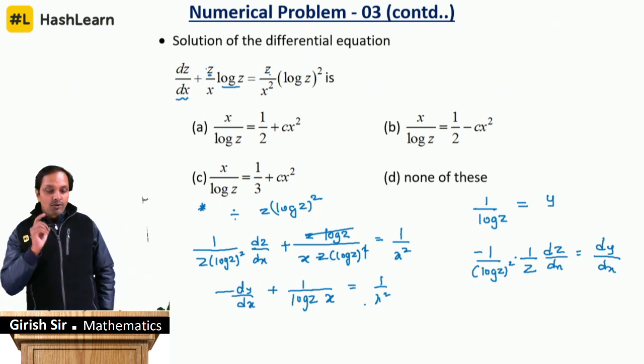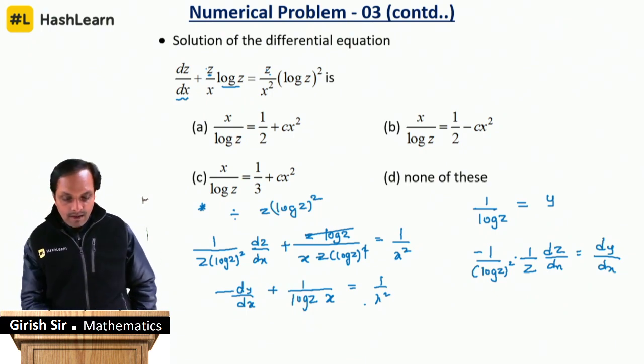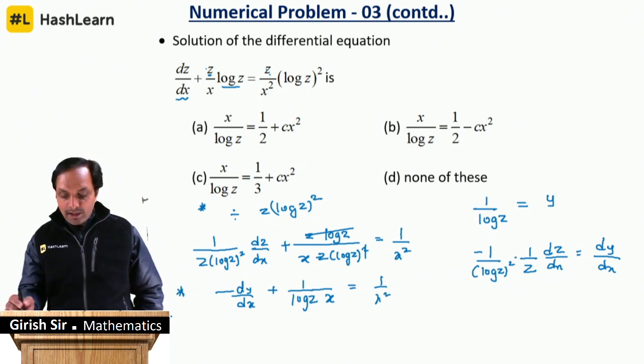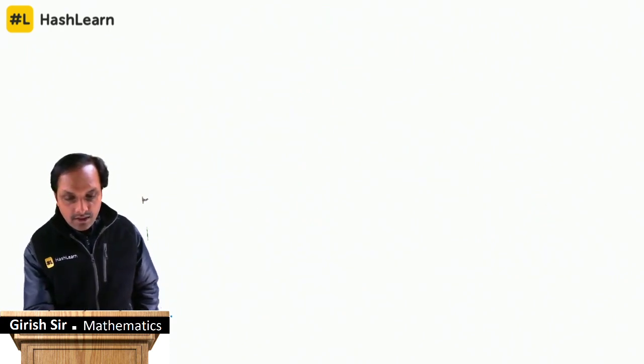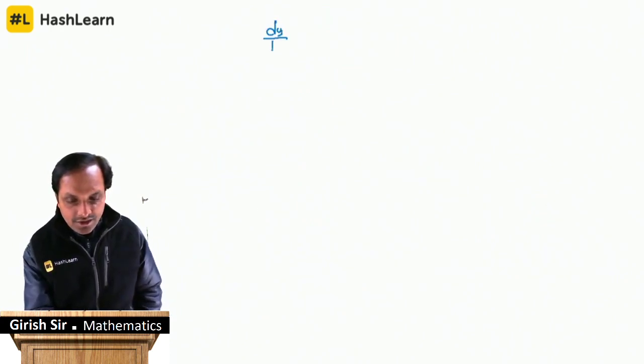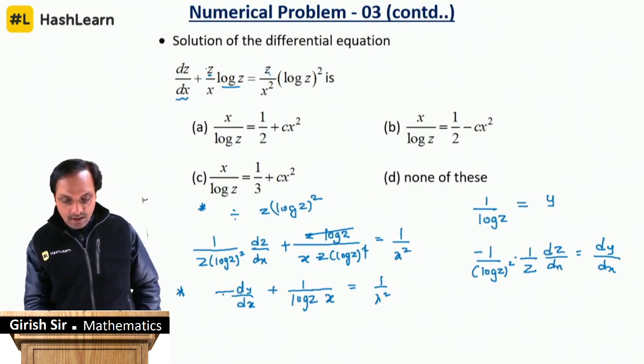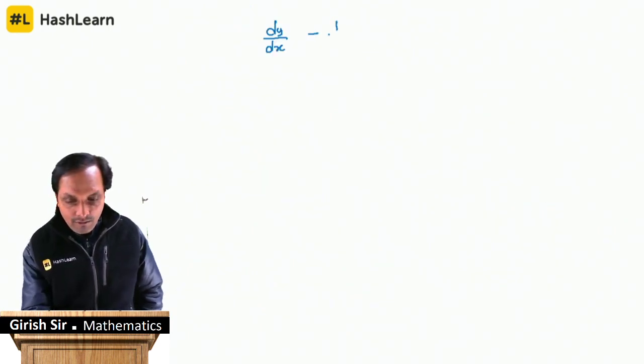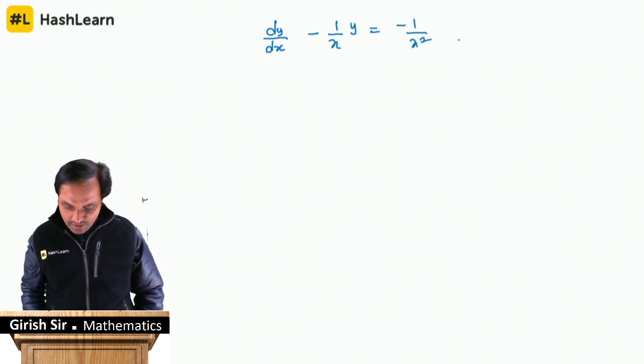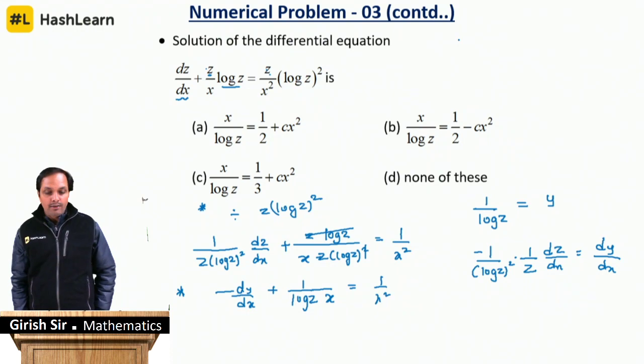Okay, so this is the most important part of the problem. Once we arrive at this, you multiply throughout by negative sign, so the problem will become dy by dx minus, you are multiplying throughout by minus sign, this became minus 1 by log z, whose value is y, this became 1 by x into y is equal to minus 1 by x square, because you are multiplying throughout with negative sign.